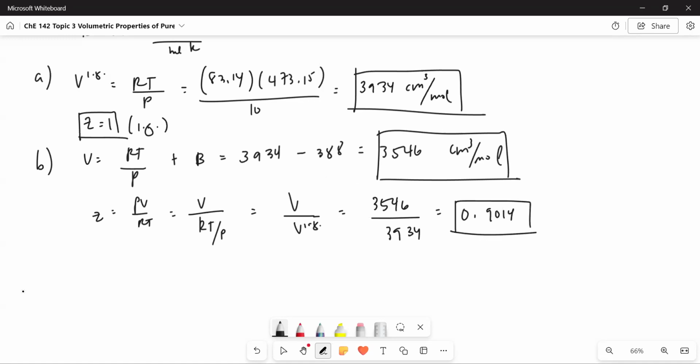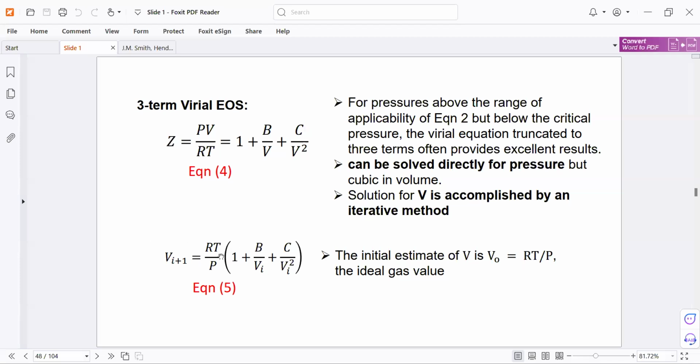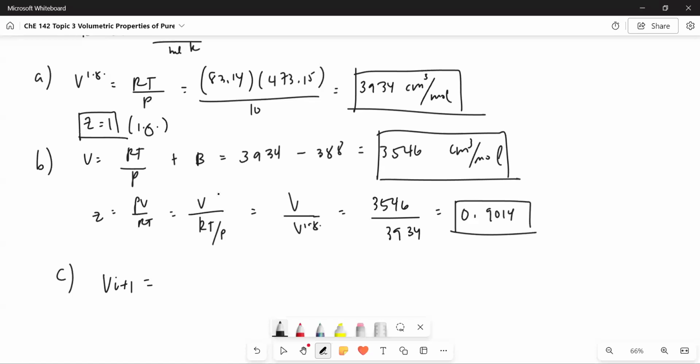Okay, for letter C, we use this equation. Let me show it in the slide. So last time we talked about using this equation. So we'll apply it now. V sub i plus 1 is equal to, I will substitute already.